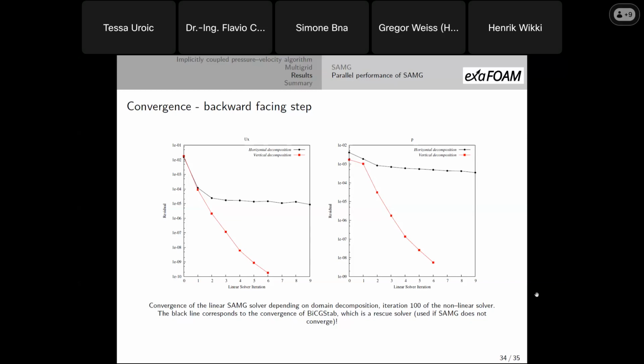So there is a problem with convergence, and it is even more evident in the elliptic pressure equation. So this is not due to the inefficient communication between the processing units. It is due to the fact that we have split the domain in the direction in which the communication is very important for multigrid.